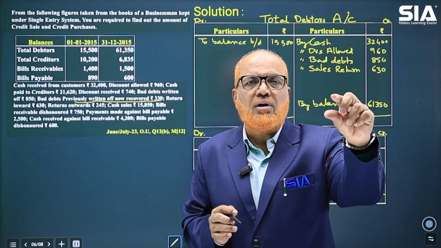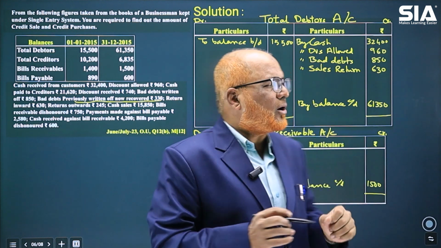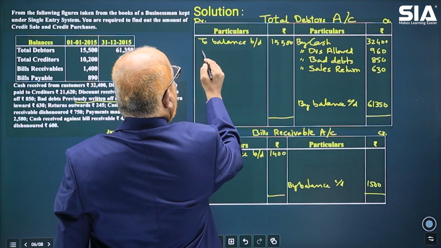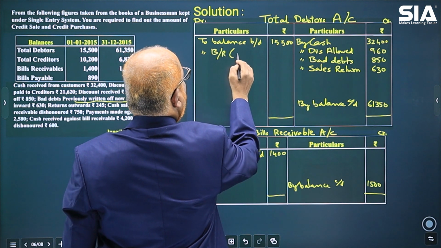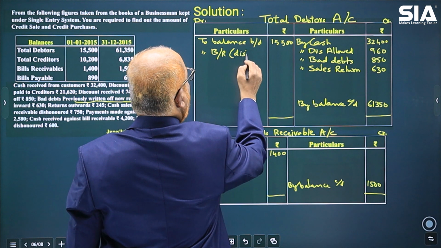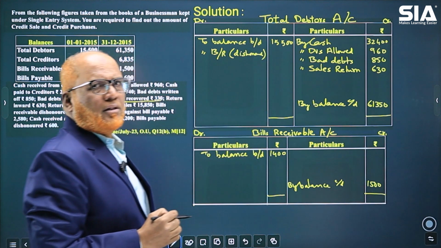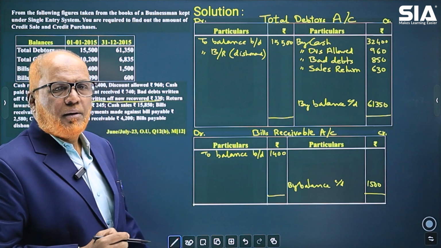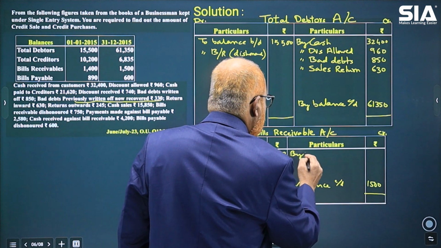Debtors account debtor to bills receivable. In bracket, you write dishonored. Right? So debtors account is debited. Bills receivable should be credited by debtors.